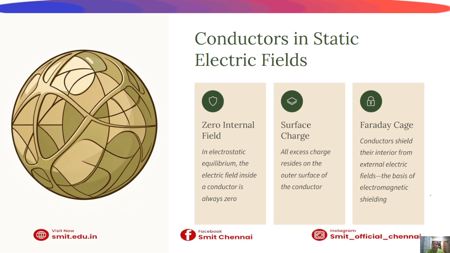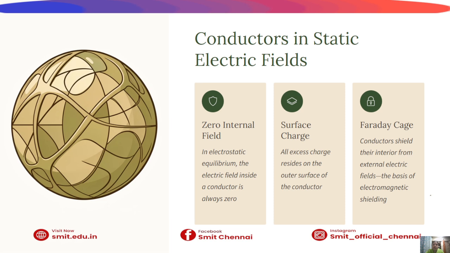Next we see about the conductors in static electric field. In electrostatic equilibrium, the electric field inside a conductor is always zero. This is because free electrons within the conductor rearrange themselves in such a way that they cancel any internal electric field.